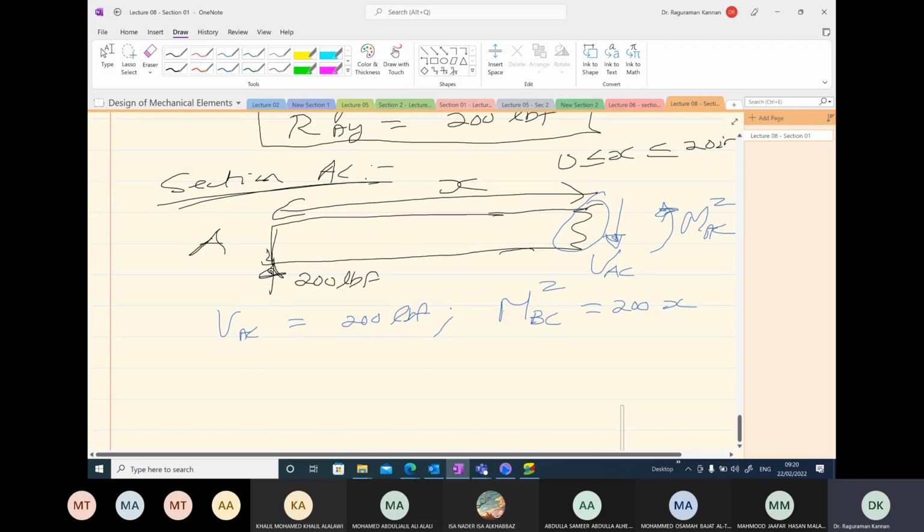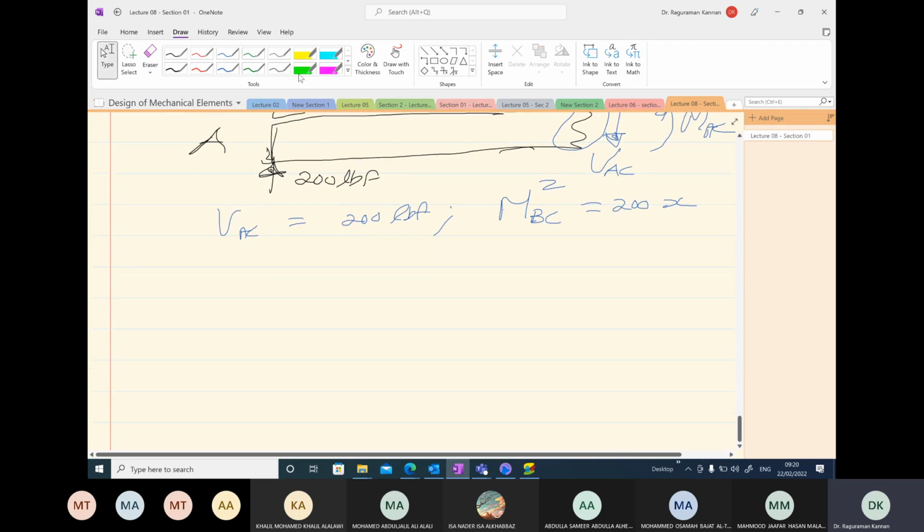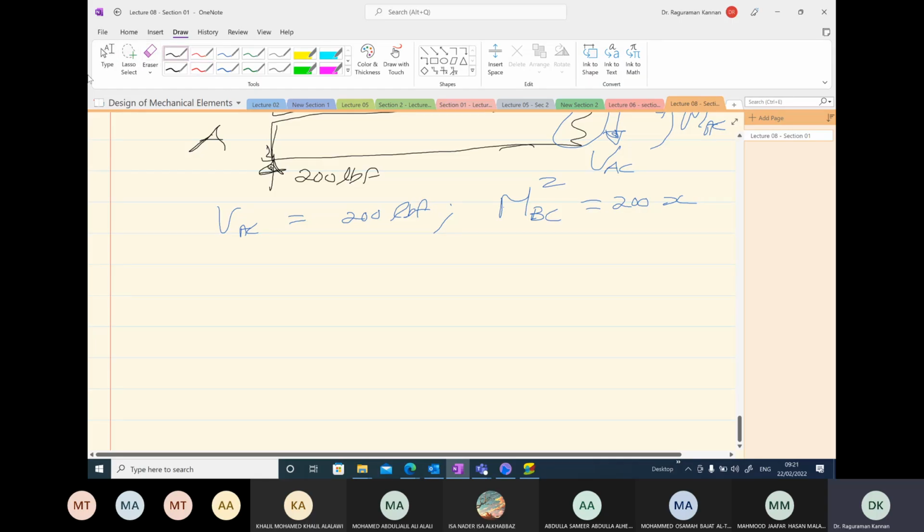So we can draw the bending moment diagram along the length of the beam. Let's note down the points A, B, C, and D. Right at point C, it is maximum.